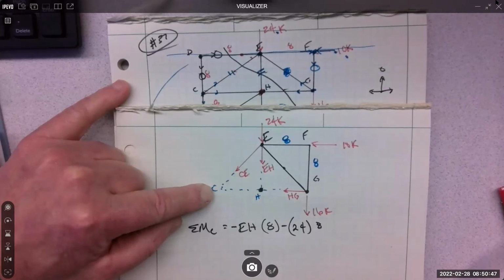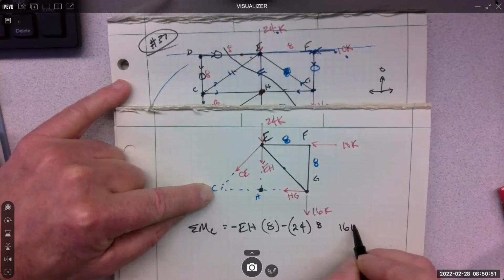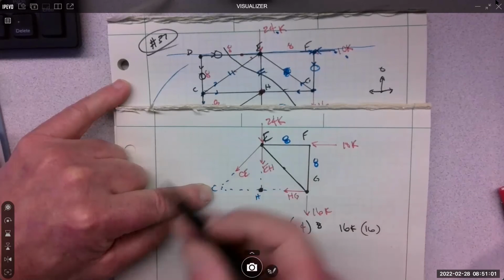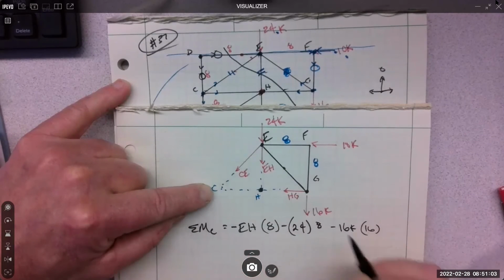What else? 16 times, yeah, be careful, yep, 16. And then the rotation is negative, clockwise. Yeah, Junior's jumping around on me.